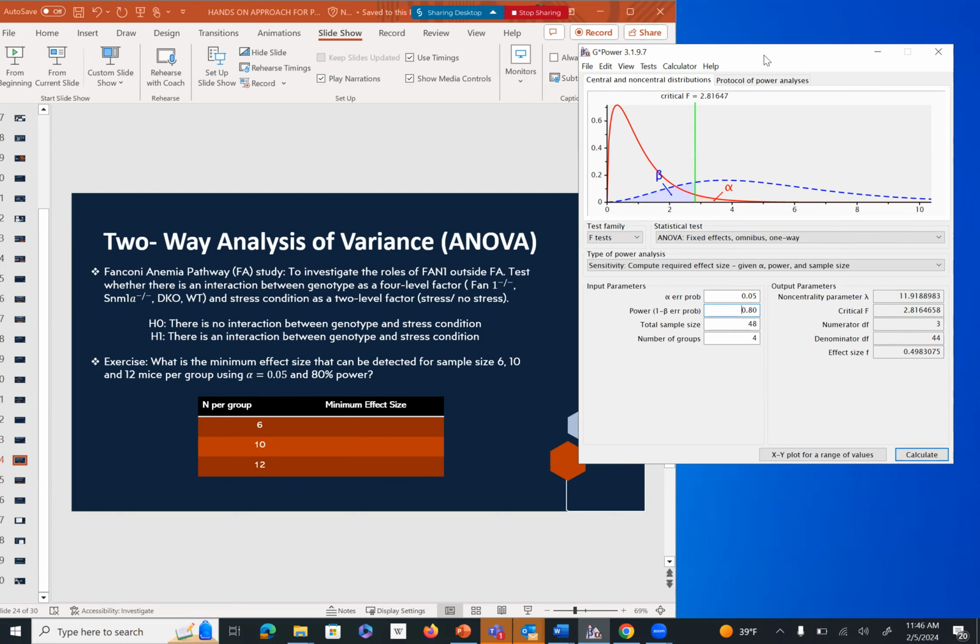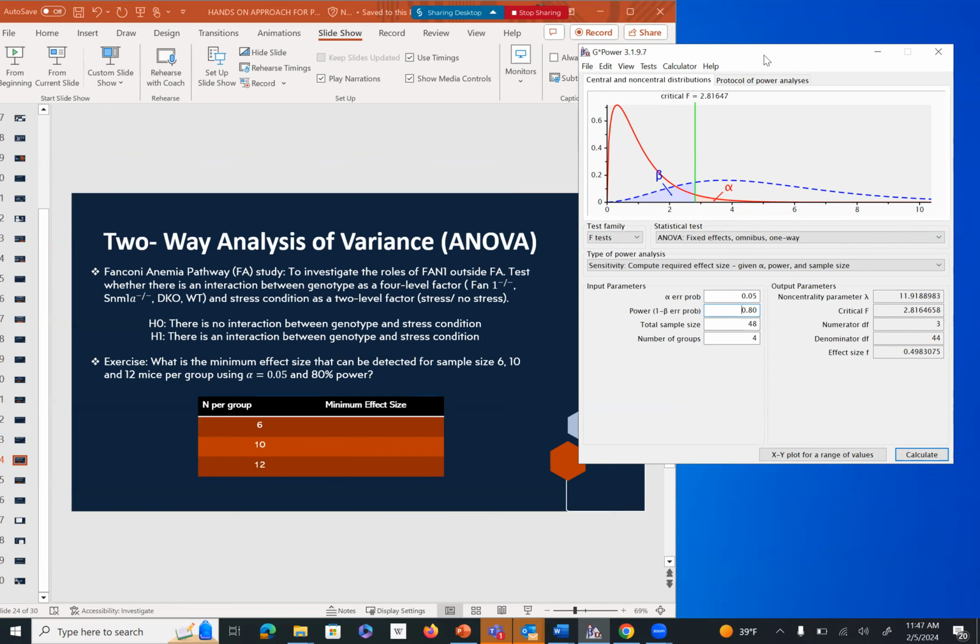So you're testing whether there is an interaction between genotype as a 4-level factor and stress condition as a 2-level factor. Your null hypothesis states that there is no interaction between genotype and stress condition, and your alternative hypothesis is that there is an interaction between genotype and stress condition.